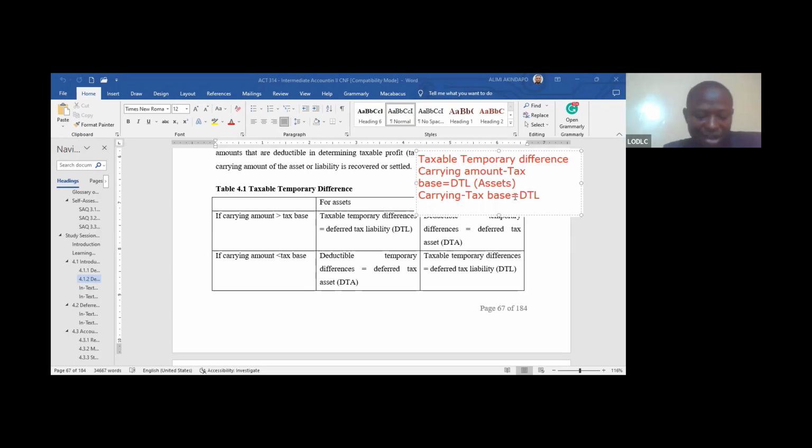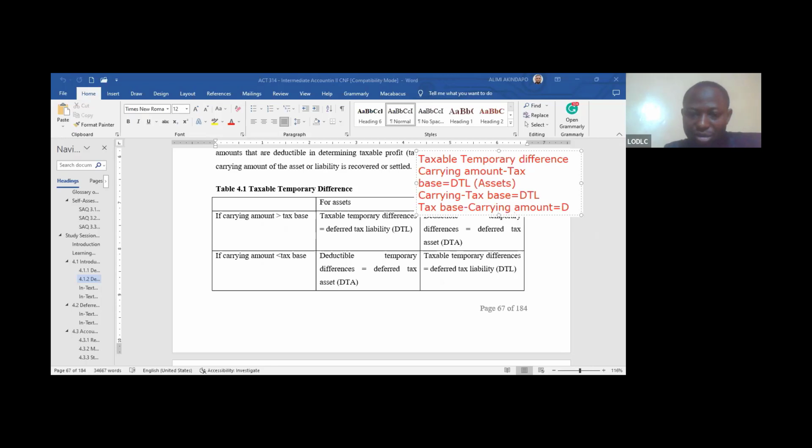The reverse is the case if the tax base is greater than the carrying amount. Then we have what is referred to as deductible temporary differences.